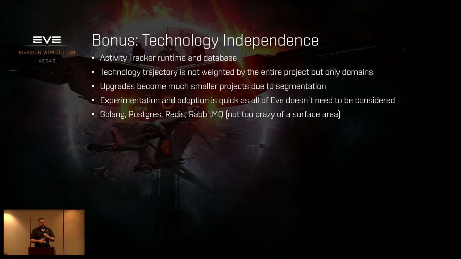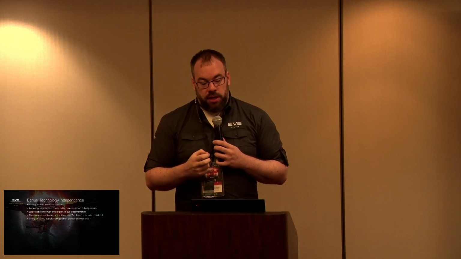And so the concept of switching from Python to Golang to Rust or whatever those might be become much easier thoughts to have because the surface area is so much smaller. This also allows us to play and experiment a bit with how we use these systems. Yet another good example with the activity tracker is the initial data storage for the activity tracker is in Redis.